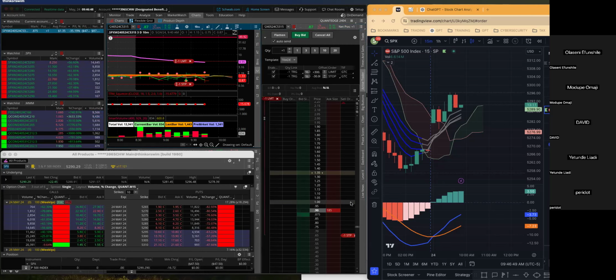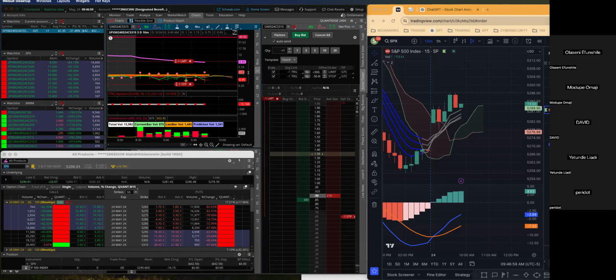These are things you will learn over time to manage your risk. Part of trading is being aware of risk.